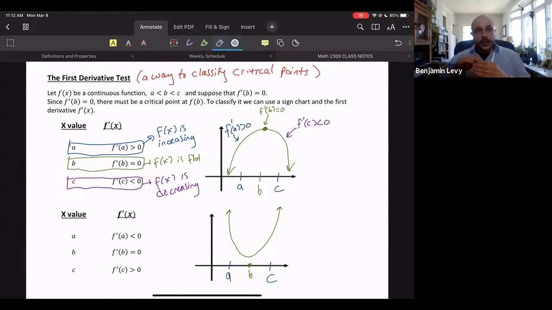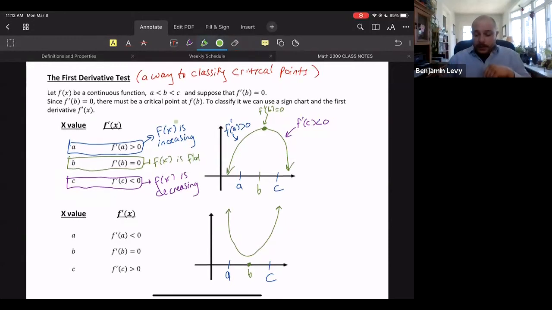We're just saying positive means increasing, negative means decreasing. And so if we have that situation, then that is going to imply we have a max. Right? So based on everything we just determined here, all of this implies that we have a maximum at x equals b.